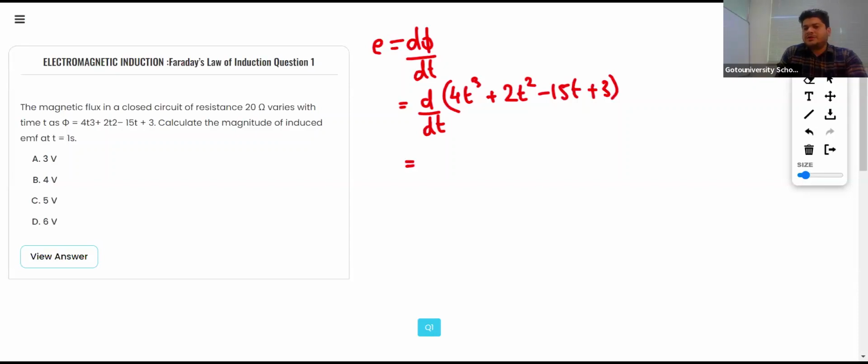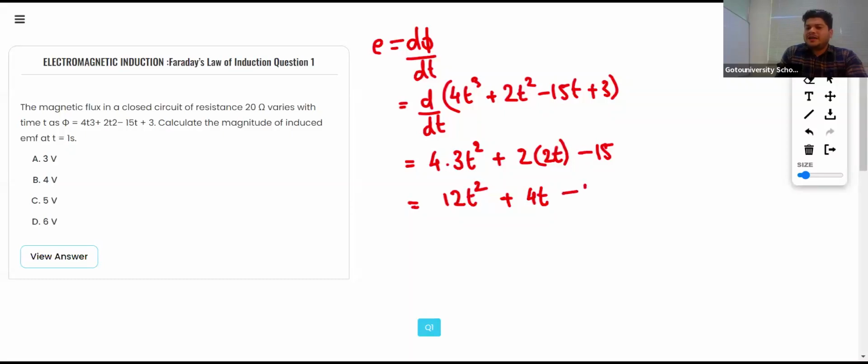So this will be equal to 4 times 3t square plus 2 times 2t minus 15, and the derivative of 3 will be 0. 4 3s are 12t square plus 4t minus 15.